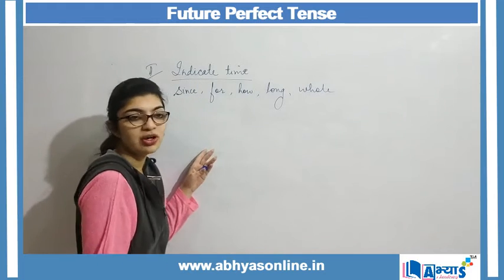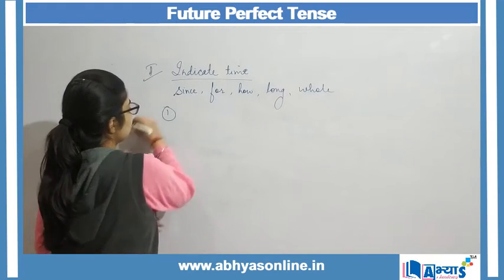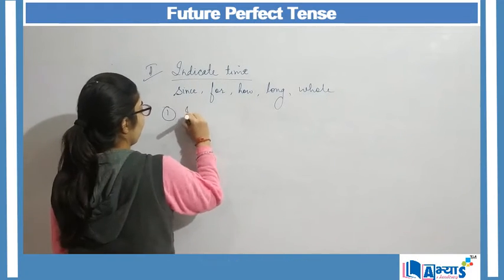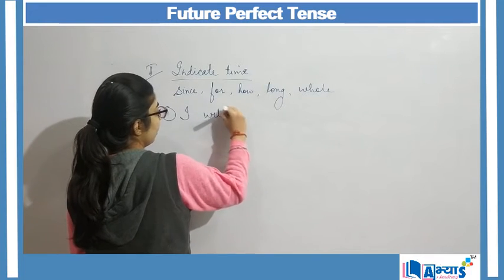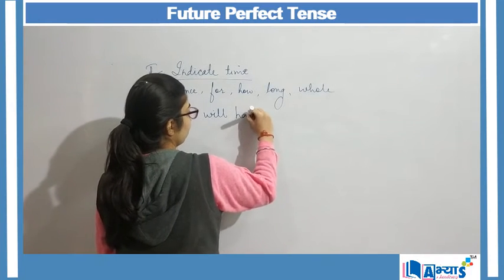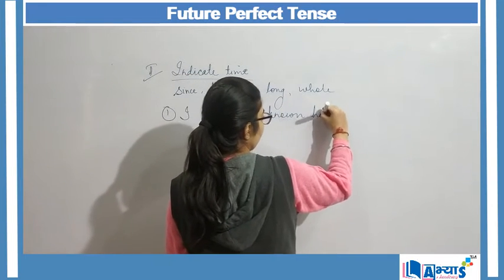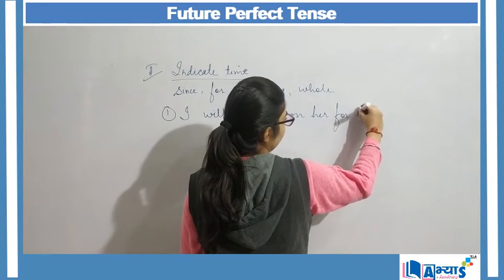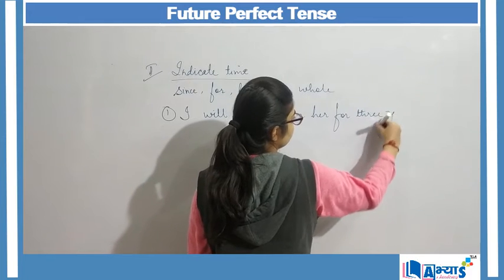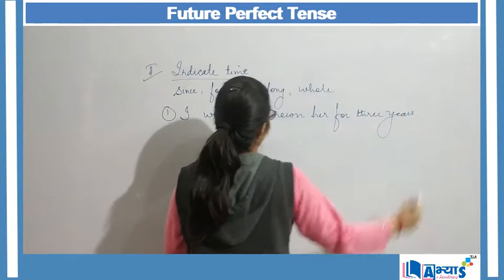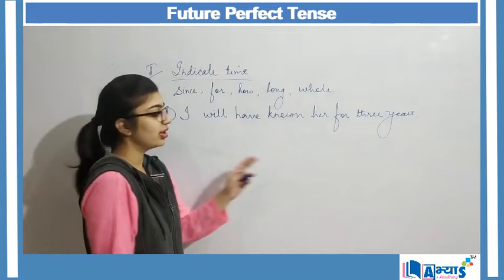Now an example of these can be, first example, I will have known her for 3 years.